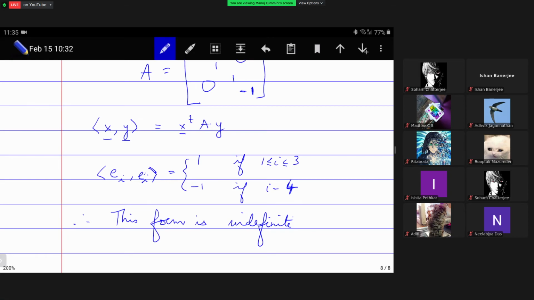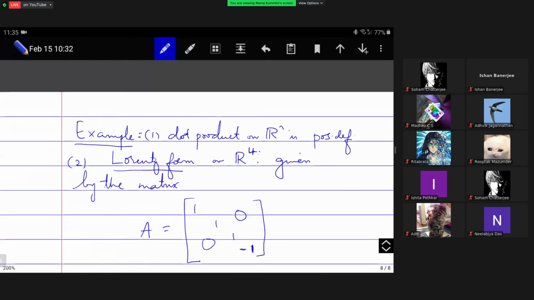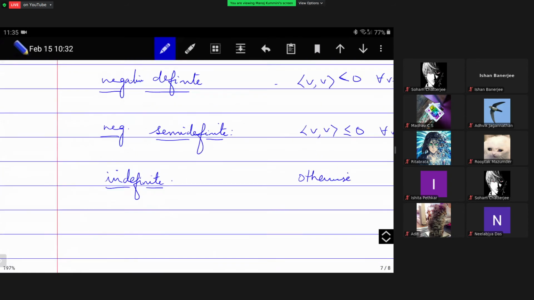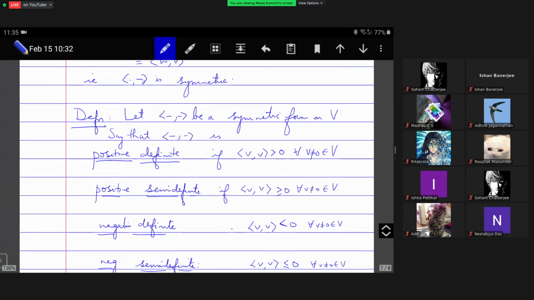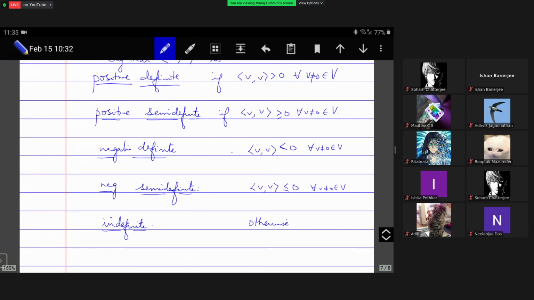Yes. We can talk about matrices being positive definite. Here we defined forms as being positive definite, semi-definite or indefinite.